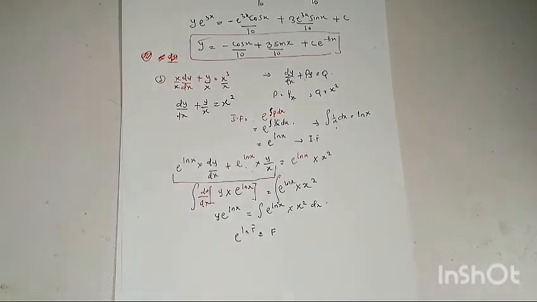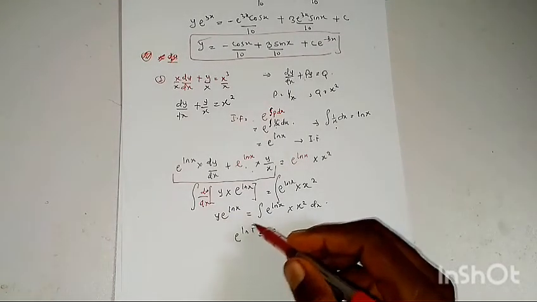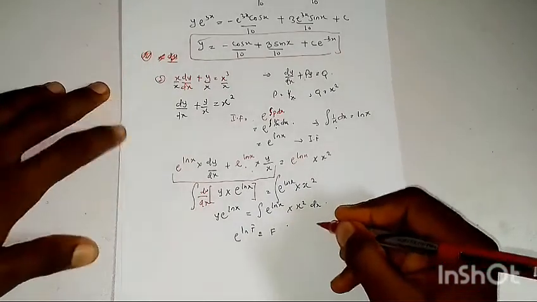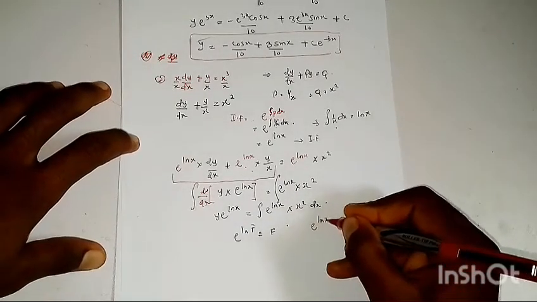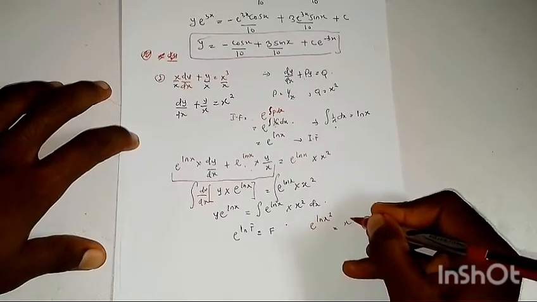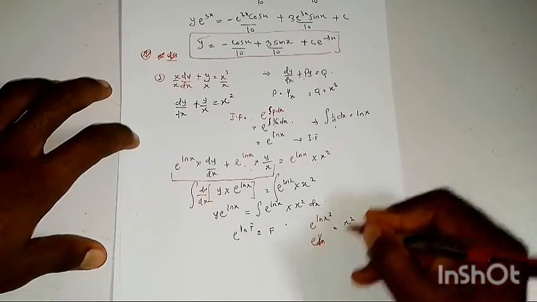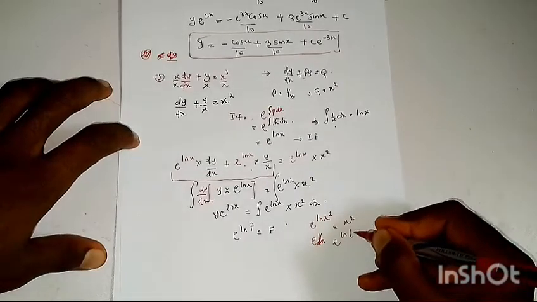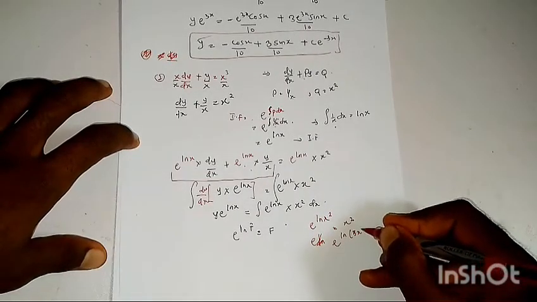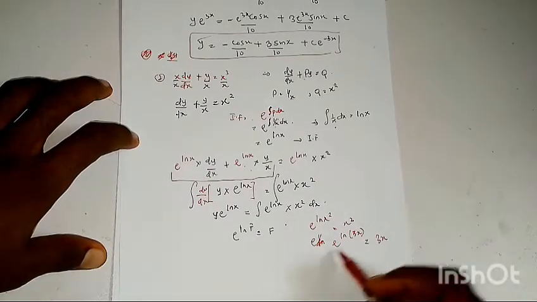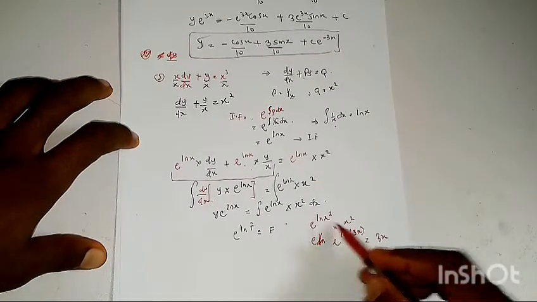That is to say, the exponential of ln of any function of x, represented as f, will be equal to that function. If I say e raised to ln 3x, it will be equal to 3x. So the exponential of ln of any function will be equal to that function.